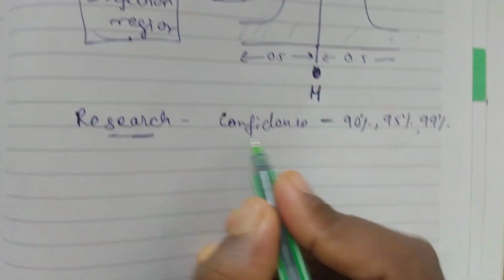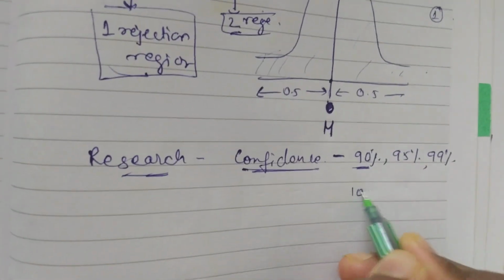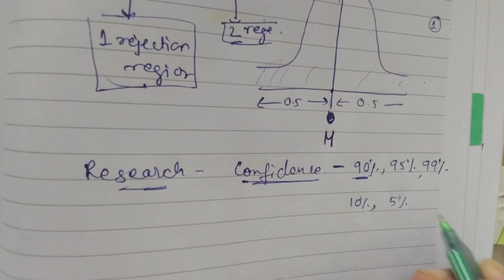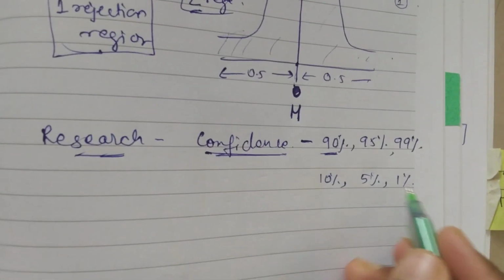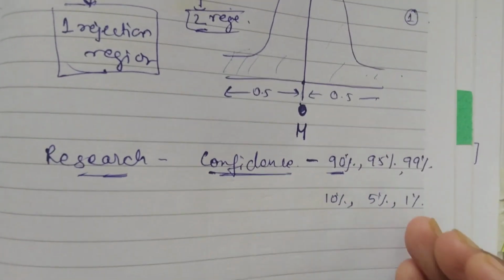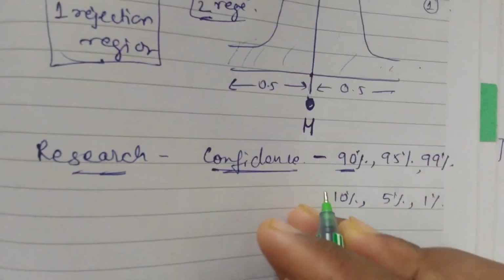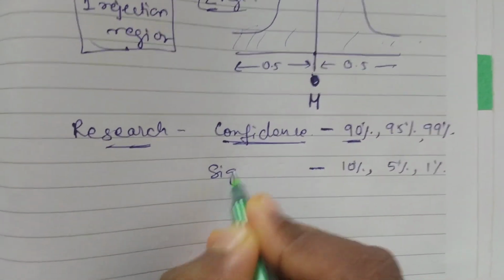Then if he is 90% confident, then 10% he is not, or 5% he is not, or 1% he is not, which means the data at this 10%, 5% or 1% can be considered as maybe fault. So this is called significance level.